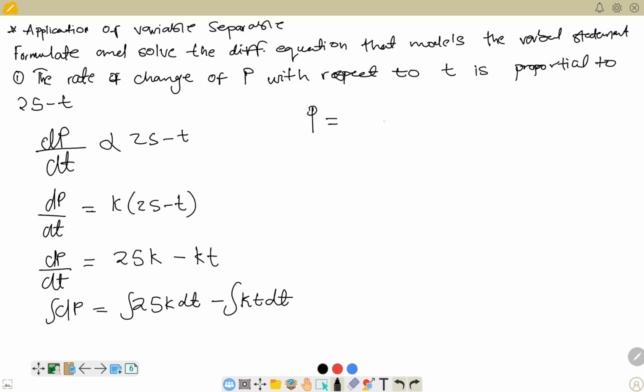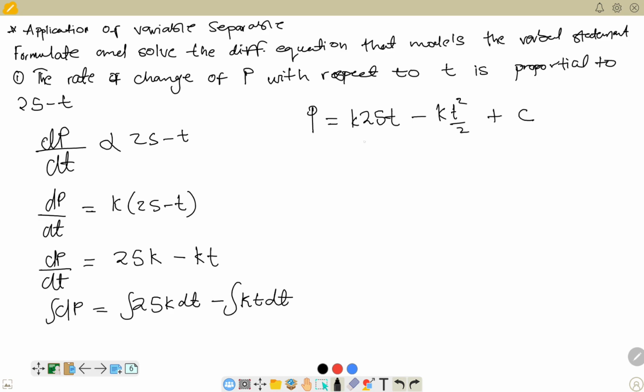The integral of 25k dt is equal to k times 25t, minus the integral of kt dt. k is a constant, then the integral of t is going to be t squared over 2, plus c, the constant of integration.